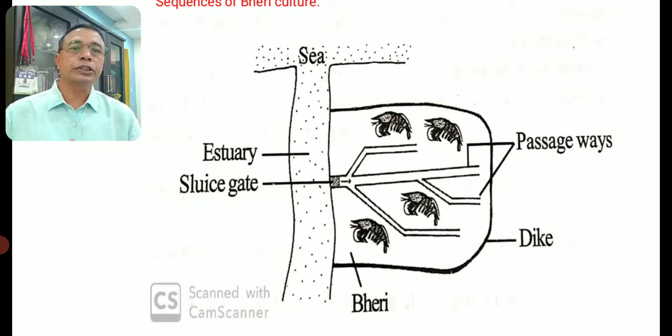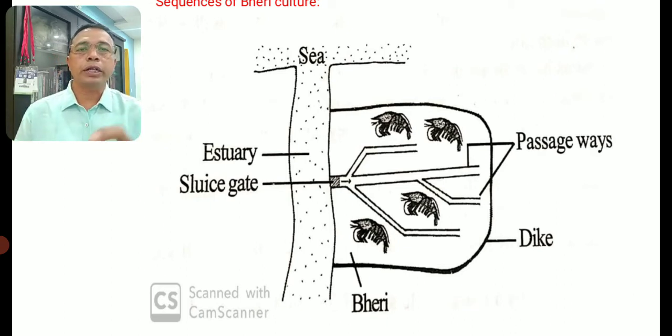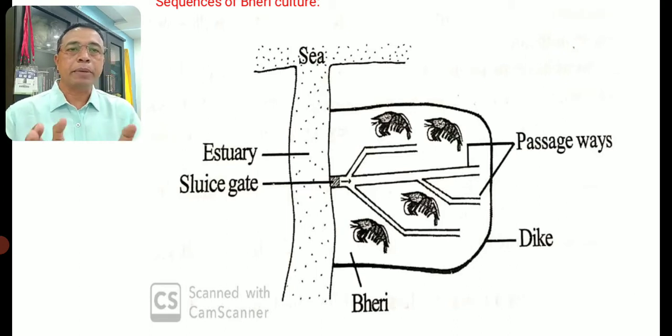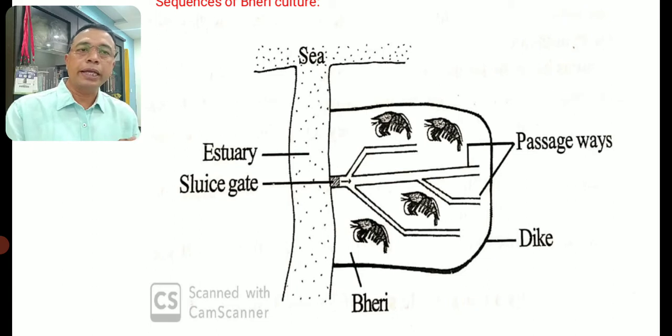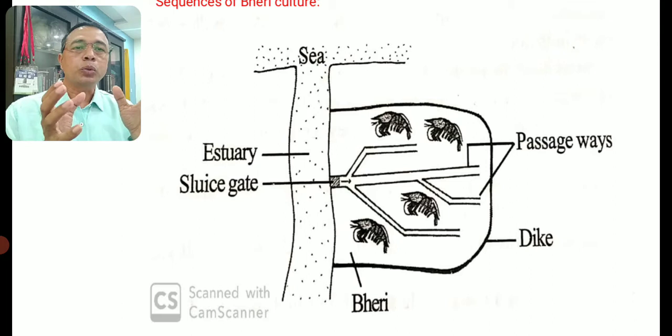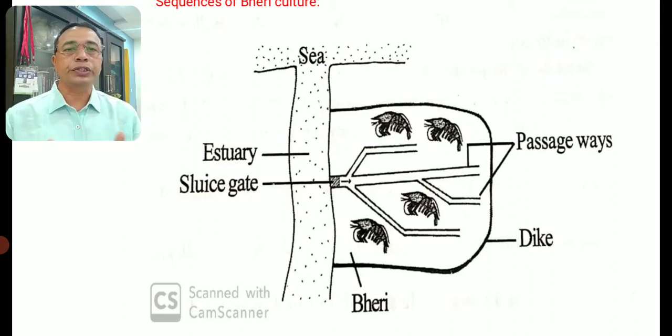The brackish water enters during the high tide into the berry, which is a low-lying area, usually in the months of February and March, in the new moon and full moon phases. That water is then stored and stopped with the help of the sluice gate.